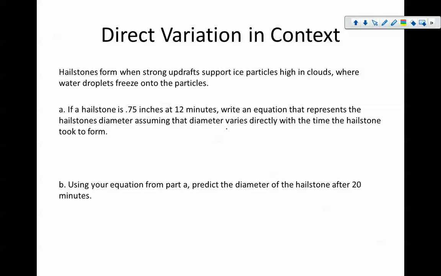So, keywords here. Varies directly, right? Remember, varies directly means we are going to see this form of an equation, y equals ax. Constant rate of change with a 0 for its starting point. So we know that we're going to form the equation this way.